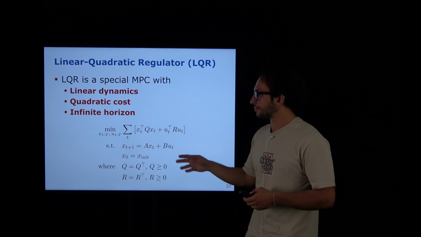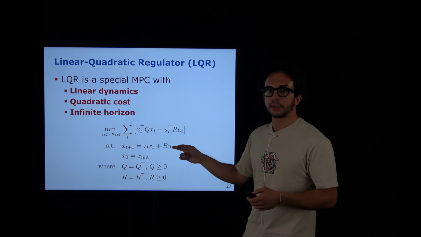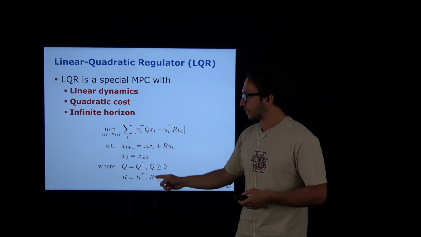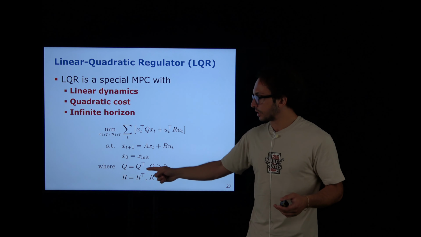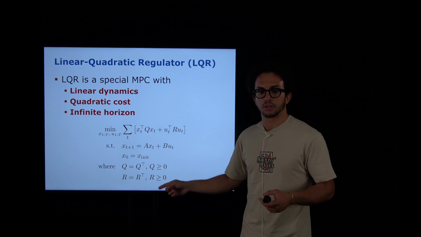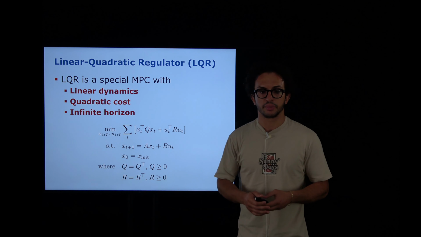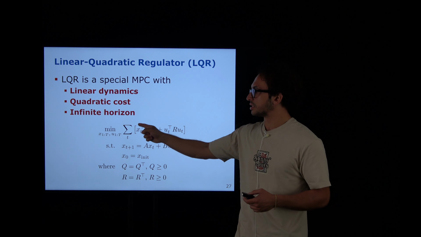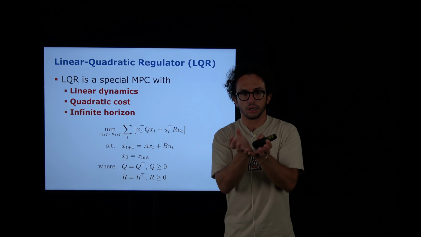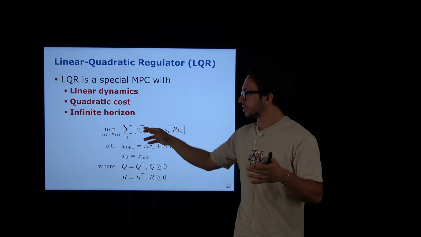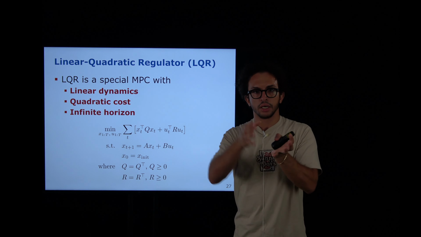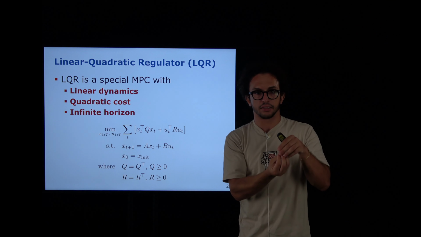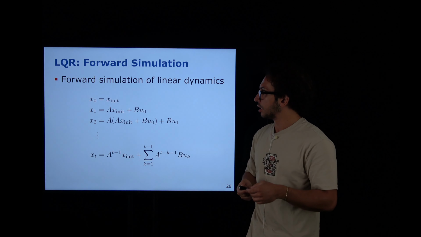What are our constraints? We have a linear dynamic. We have a certain initial state. And as said, we have two symmetric positive semi-definite matrices, in such a way that, since they are positive semi-definite, you can imagine them in space as balls, and the optimization point would be actually at the vertex.